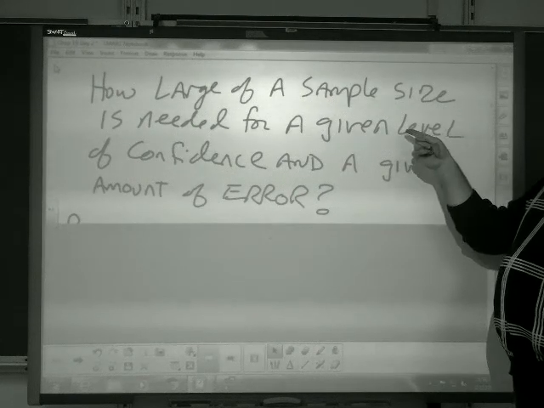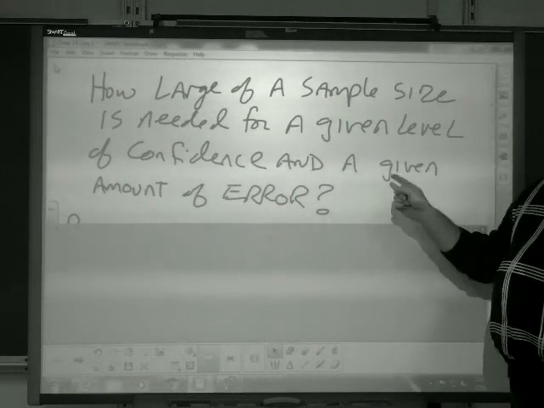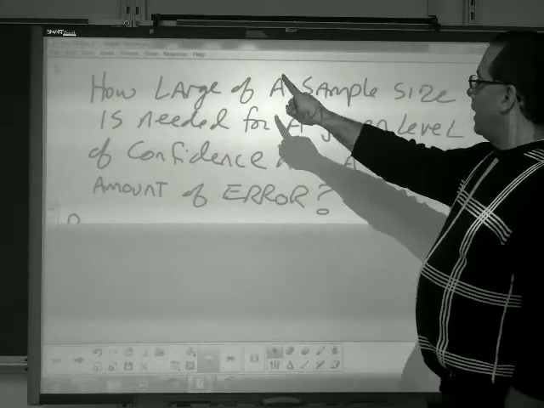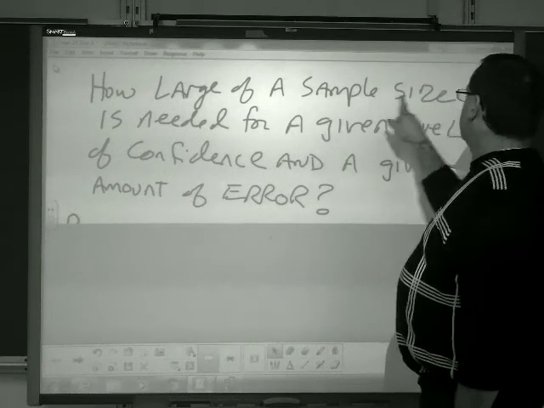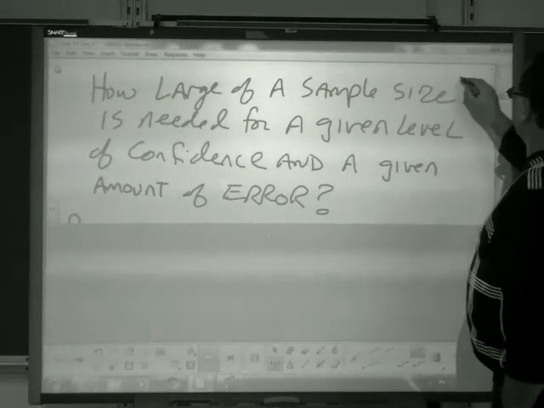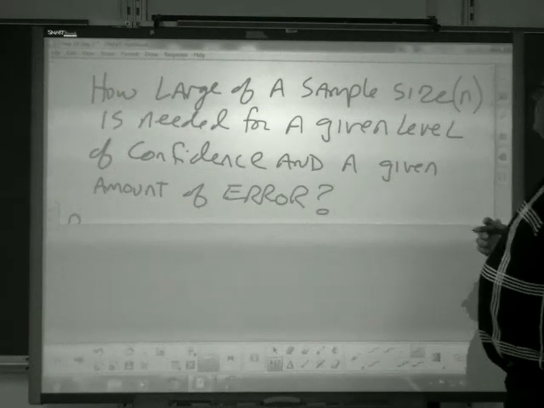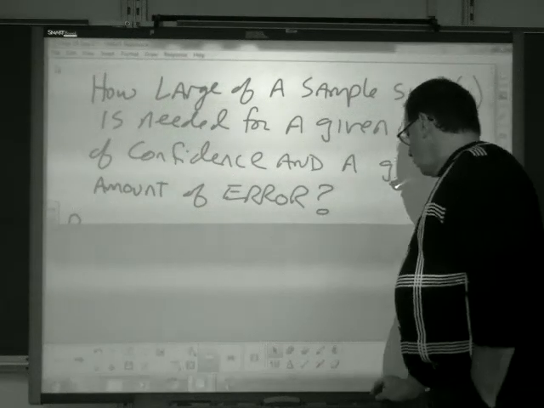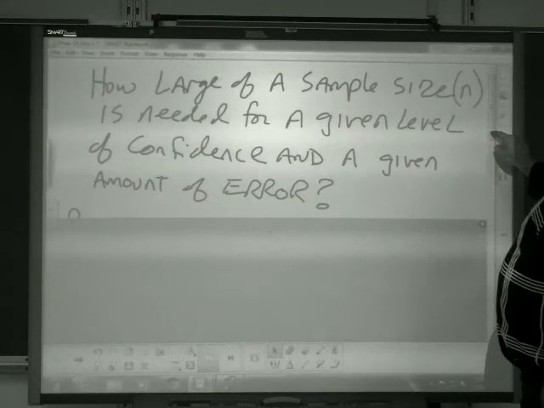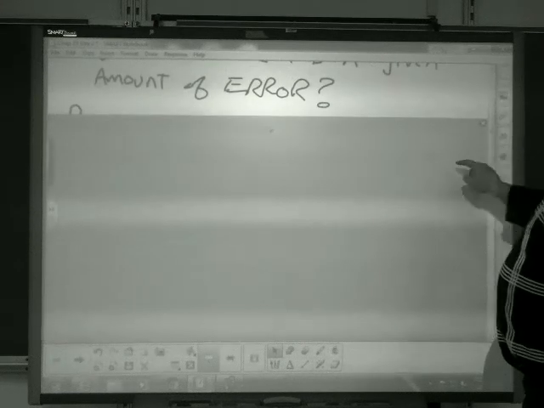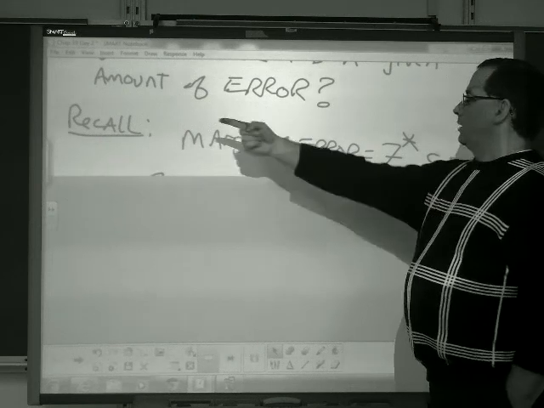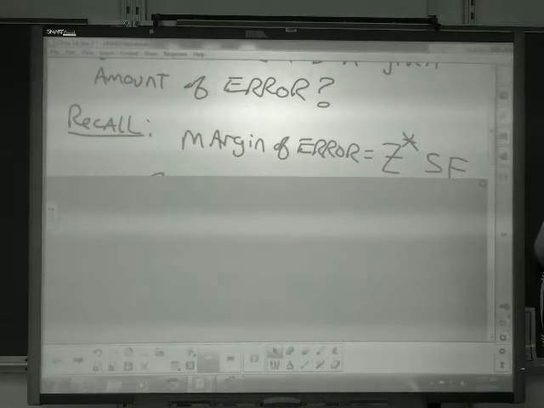So we know the confidence level and we know the amount of error that we're willing to allow. What we're trying to find is how large of a sample size n is needed. First, let's recall something.